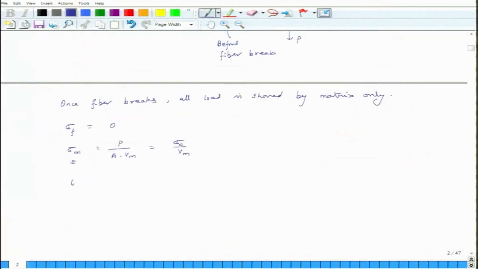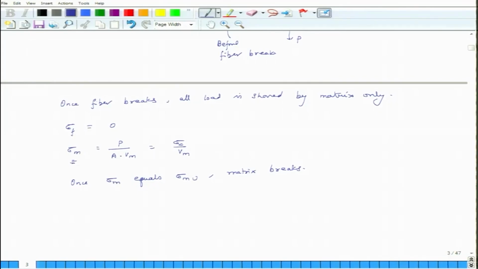Once sigma m equals sigma mu, the matrix breaks. So, at this point the fiber has broken and the matrix has broken, so the entire composite has failed.